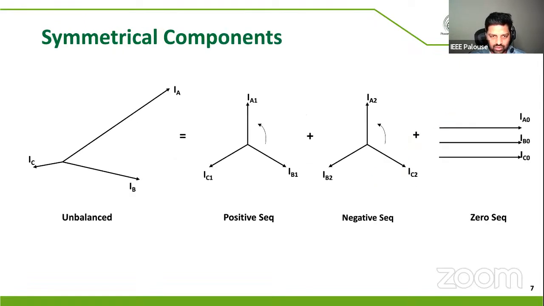Likewise, in the case of symmetrical components, all we are doing is splitting the unbalanced three-phase components into three sets: one set containing a positive sequence balanced component, another containing a negative sequence balanced component, followed by a zero sequence component.